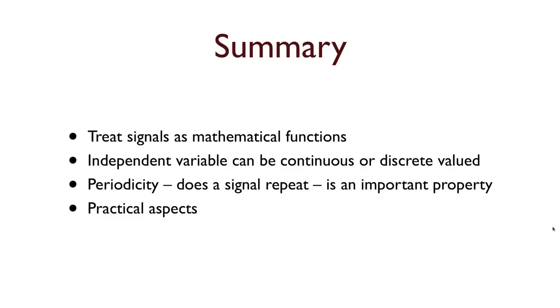And the other practical aspect is that the mathematical definition of periodicity implies that the signal repeats forever. In practice, there aren't any signals that repeat for all time or all space, but locally, this idea of repetition is a very good approximation to some local interval of time.